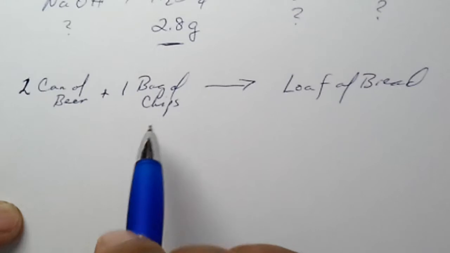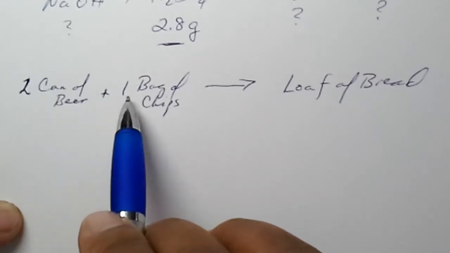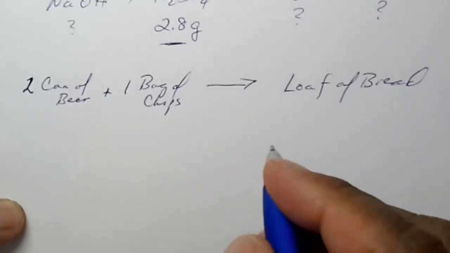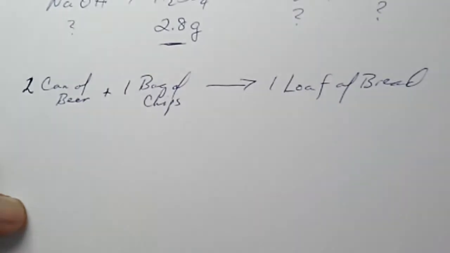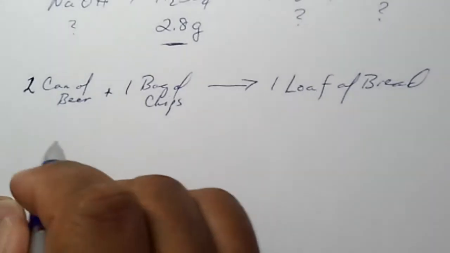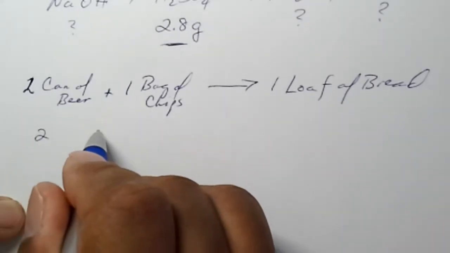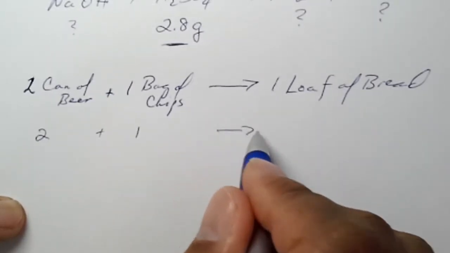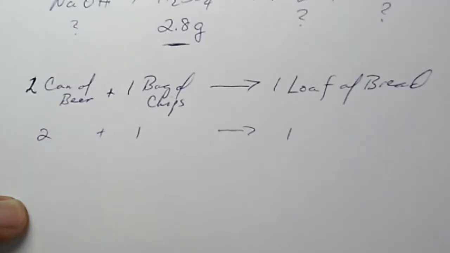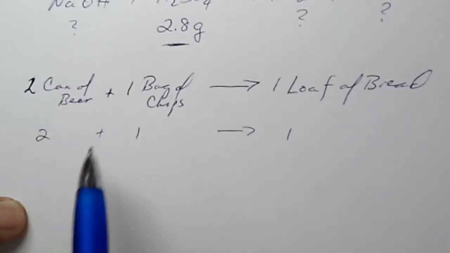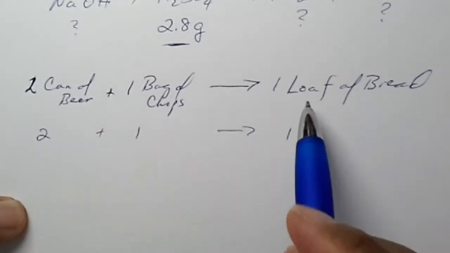But nevertheless, we're going to need 2 cans of beer plus 1 bag of chips to make 1 loaf of bread. Alright, so the stoichiometry is 2 plus 1 gives you 1. Alright, 2 cans of beer, 1 bag of chips, 1 loaf of bread.